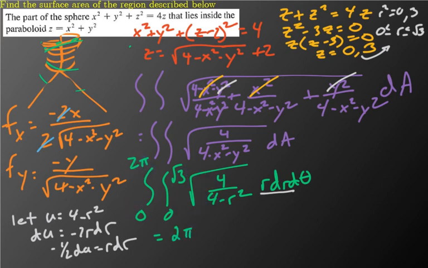So I'm just going to do that. 2 pi times, I'm not going to do u bounds, square root of u. And then I also have to divide by negative 2 from my du in here. So then that part's all good. I would just have du.